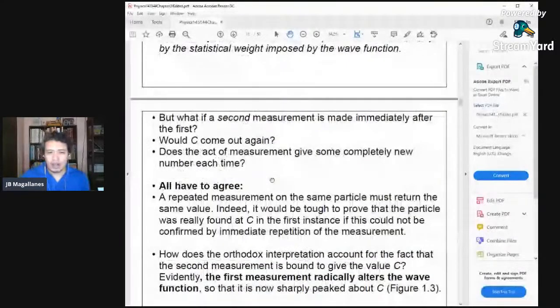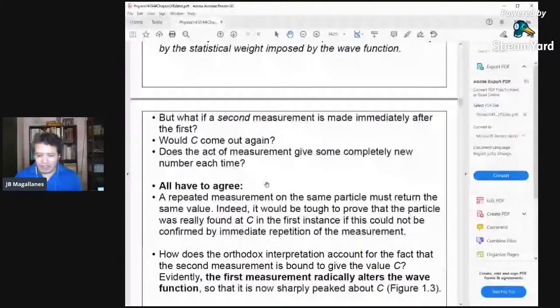So when you do that experiment, you find the particle at C. After that, what if you do another measurement? Would C be the position of the particle? Or does the act of measurement give some completely new number each time?